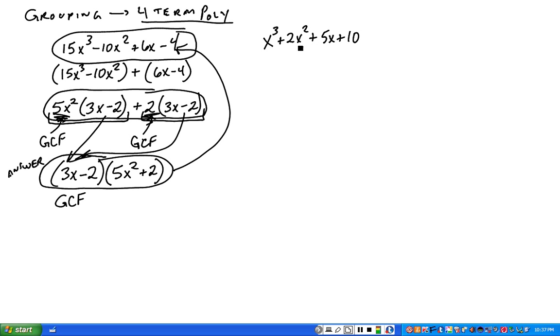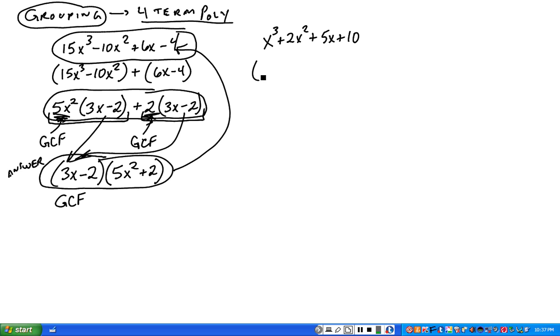Now I look at my variables. I have an x in this term, an x in this term, an x in my third term. However, there is not an x in my fourth term. So the fact that each term does not contain an x tells me I cannot pull out a common variable. There aren't any common binomials present here, so I can't pull out a common binomial. So I'm left with trying to factor by grouping.